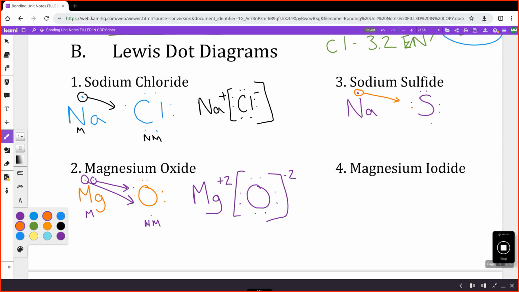Sodium, the Na, no longer has any valence electrons. The sulfur has 1 more than it did, but it still does not have 8 valence electrons. So the only way to fix this situation is to bring another sodium into the equation. By adding a second sodium, we've created a second source of valence electrons that can be transferred from one atom to the other.